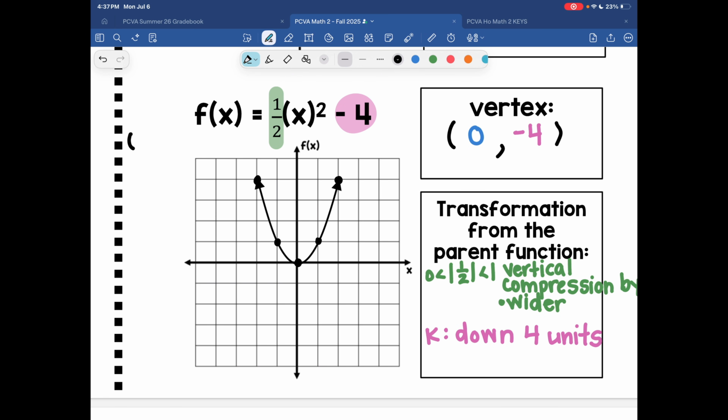So if you remember, this was -2 and 4, this was -1, 1, 0, 0, then I have 1, 1, and 2, 4. So we're going to multiply the y values by 1/2. Remember, multiplying by 1/2 is the same thing as dividing by 2.